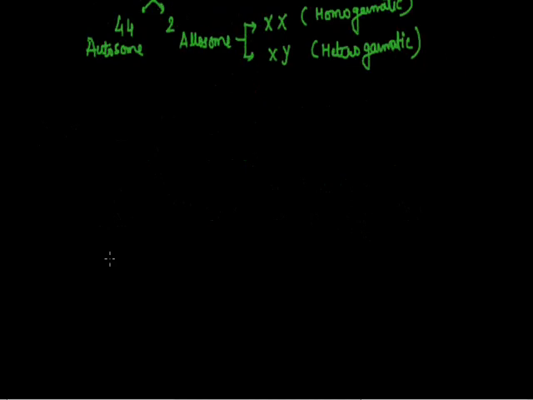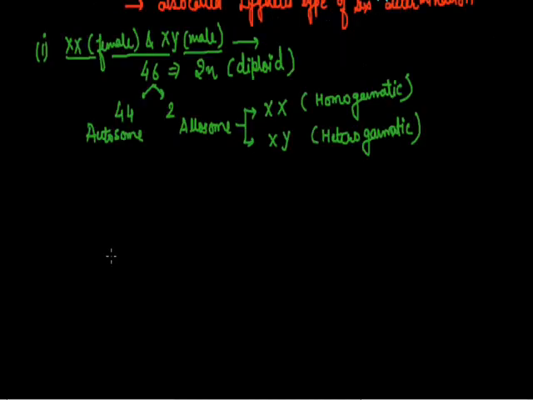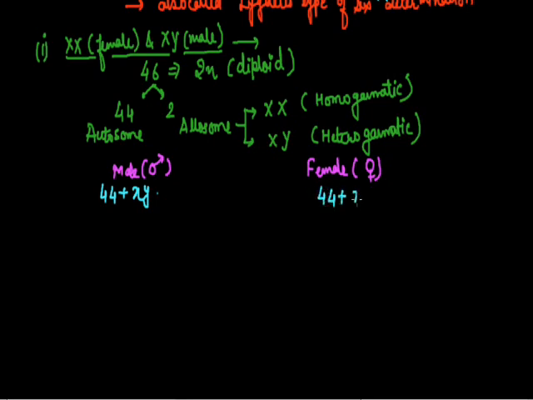Now this is expressed in human beings like this: male in a symbolic way can be written like this, and for female the symbol is this. Male can be expressed as 44 plus XY, which is the heterogametic condition, and female as 44 plus XX, which denotes the homogametic condition.